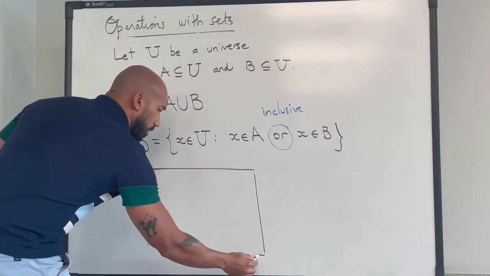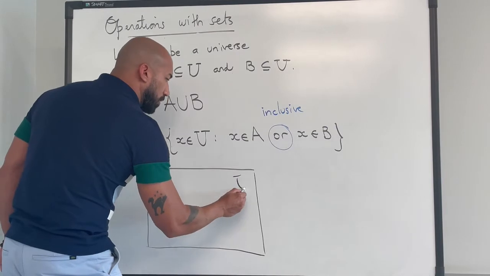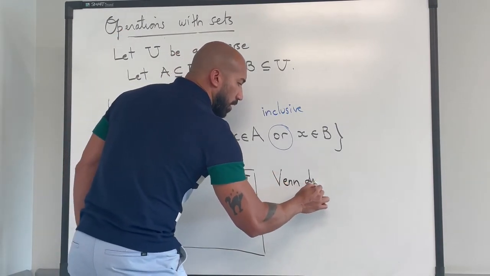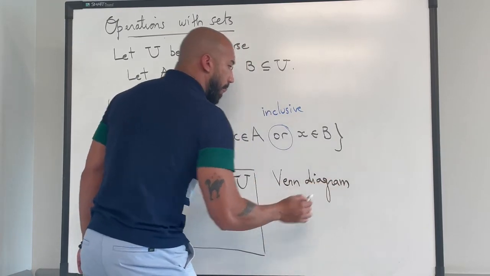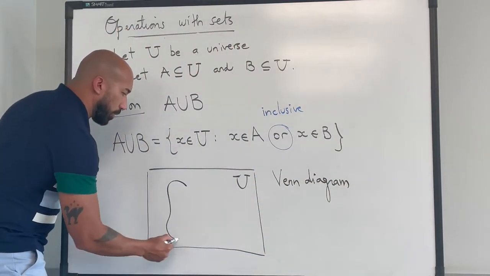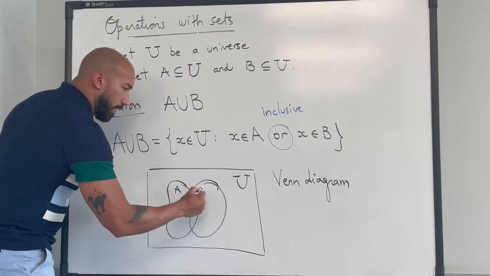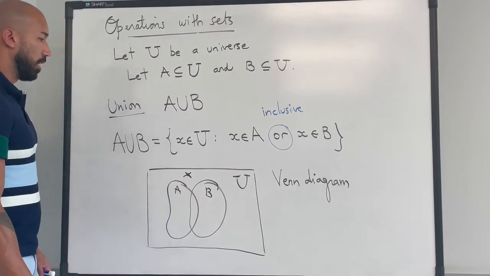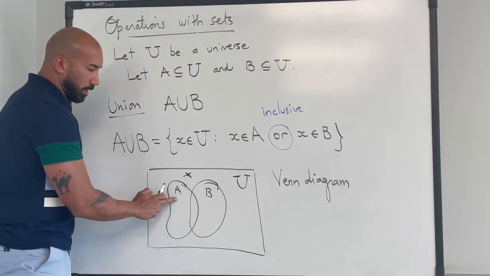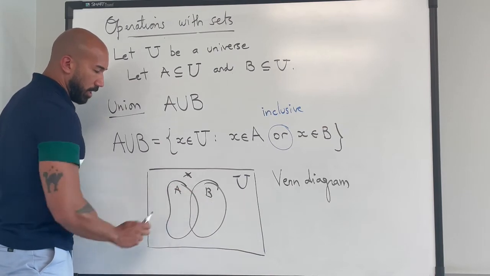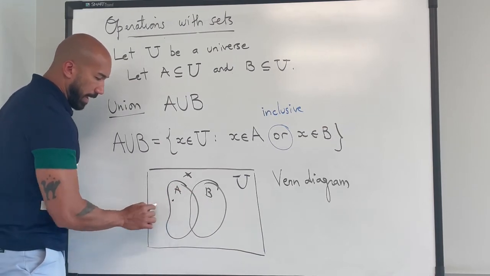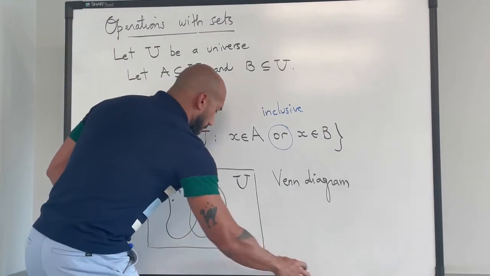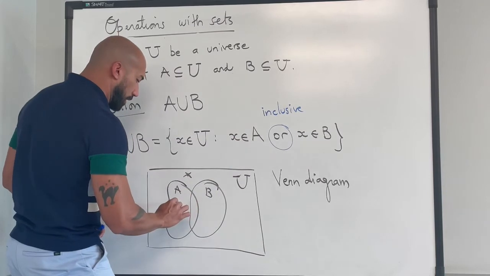So if we do this graphical representation of the union, which we call a Venn diagram, this is the universe, and this is A, and this is B. Obviously, an element here, we are not putting it in the union because it is neither in A nor in B. And an element here, only in A, is going to be in the union because it satisfies the first condition.